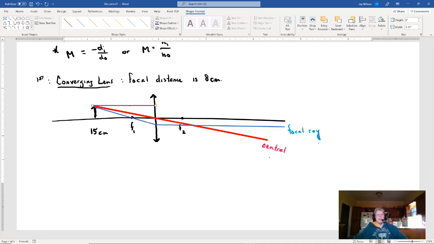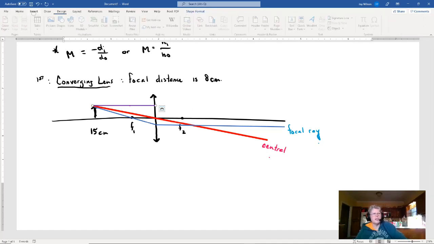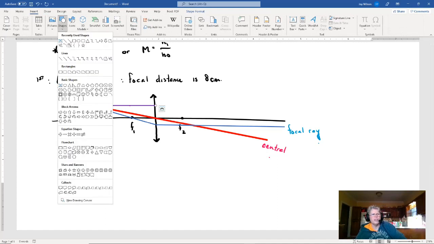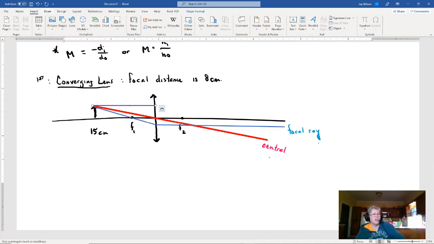Then once it gets there, it's going to go out through the focal point on the far side.